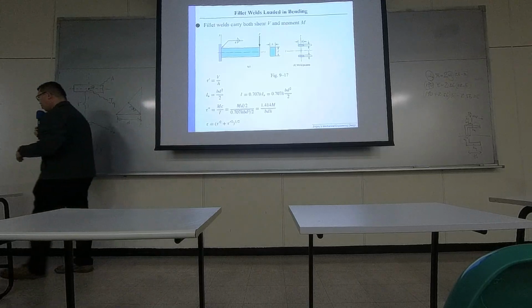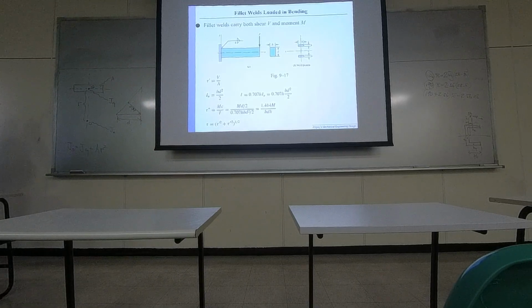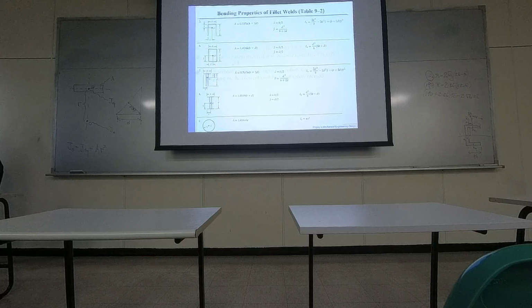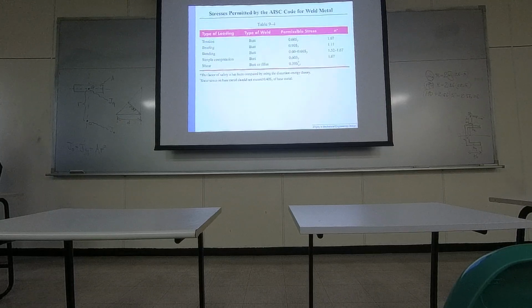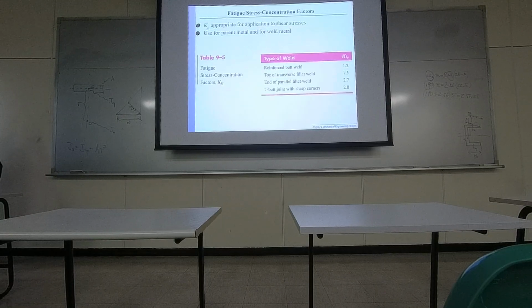So the table already did some calculation for you, but you need to update the I by 0.7 times the IU. Okay. So anyway, I would like to only cover the welding chapter up to here.